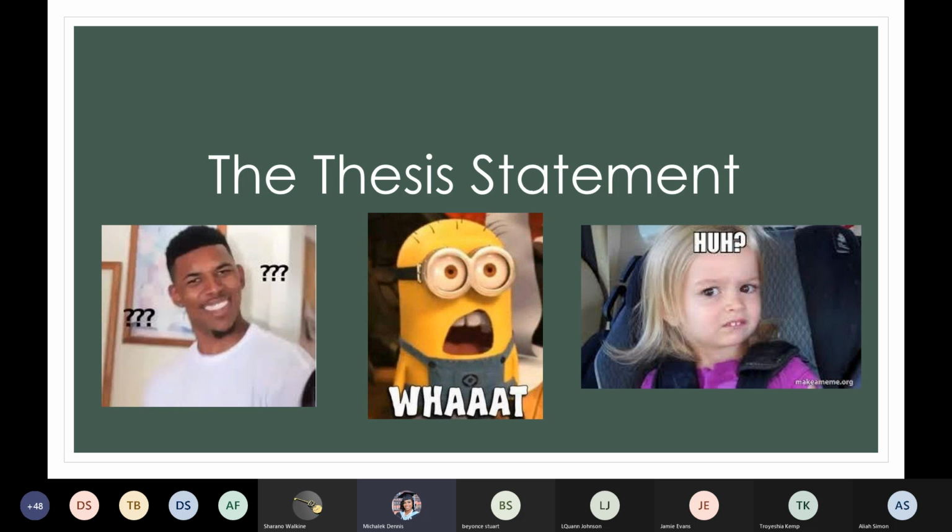Shania is saying a summary of the main idea. Okay, good attempt. Can I get some additional answers, please? What is the job of a thesis statement, especially in an expository essay?